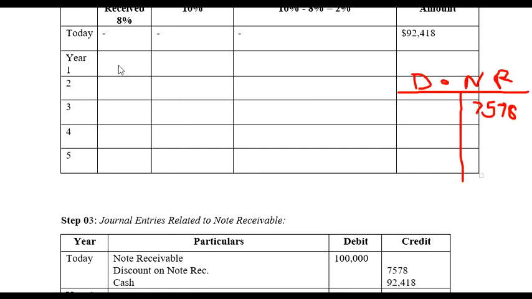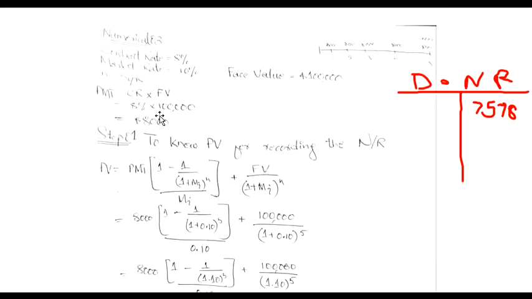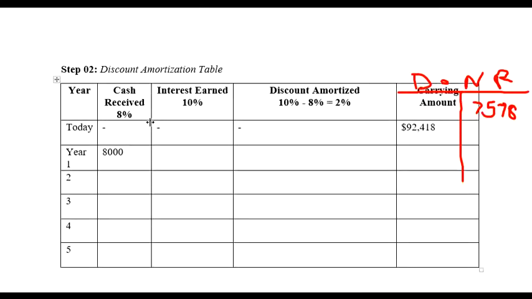So in the first year, I will receive $8,000 because of this PMT. That's my cash inflow, whereas I have the right to receive 10% interest, actually 10% of my investment. So let's calculate this one also. I will calculate 10% of the investment, which is $92,418.